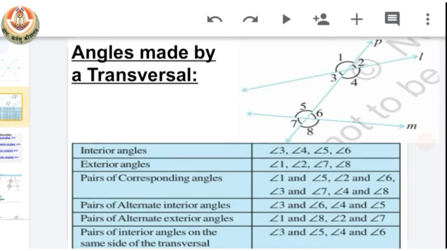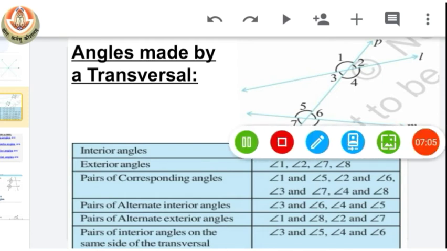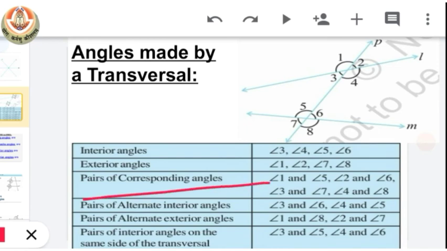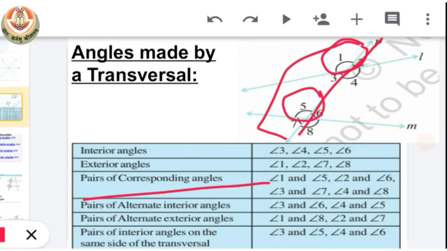The next type is pairs of corresponding angles. Now, what are corresponding angles? It is a transversal, and for corresponding angles, we have to look at one side of the transversal. So, look at this side of the transversal. Now, one exterior angle makes a pair with one interior angle on the same side of the transversal.